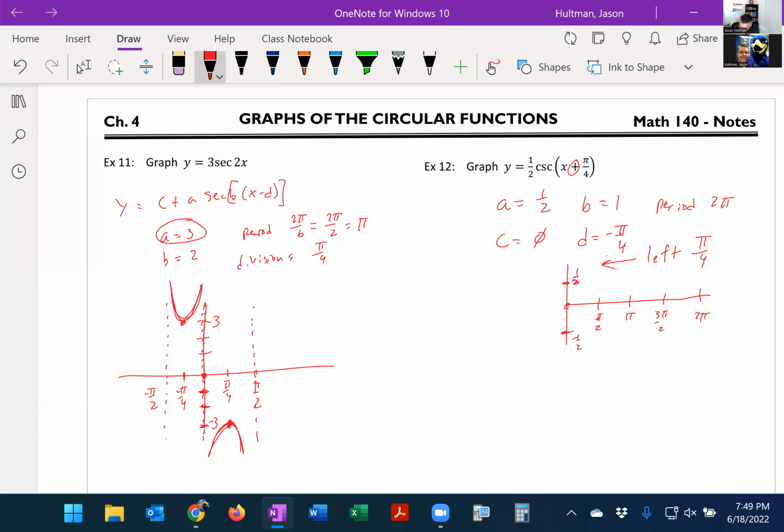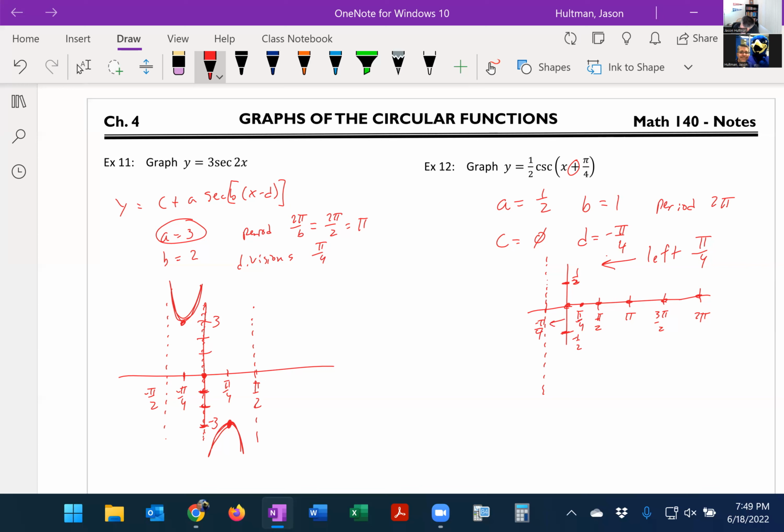To the left, pi over 4. All of the values that I would originally be looking at are going to be shifted pi over 4 units, so they're all shifted over half a division. If I go over here, say 0 minus pi over 4 is negative pi over 4, and that's going to be an asymptote. This pi over 2 is now pi over 4, because everything gets shifted over.